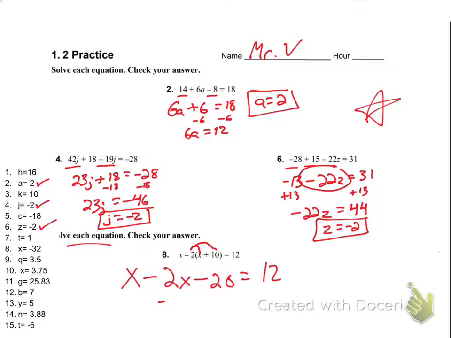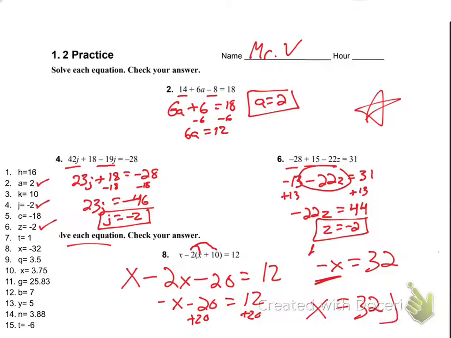So that'll give me negative x minus 20 is equal to 12. Okay, so now I've got to add 20 to each side. So negative x is going to be equal to 32. So where I screwed up was I was minusing 20 on each side when I needed to be adding 20 to each side. So negative x is equal to 32, but I cannot leave a negative variable, so I'm going to divide by negative 1 on each side. So x is equal to 32.